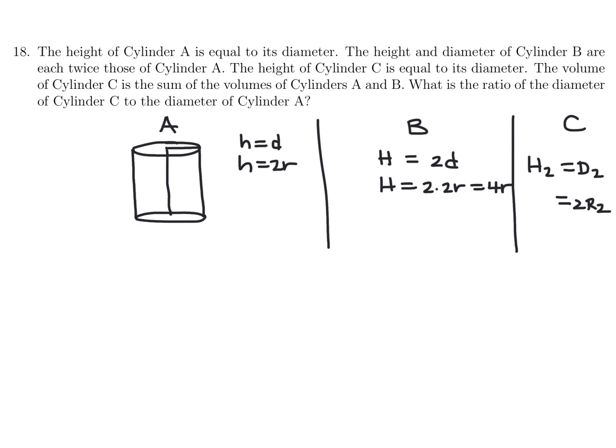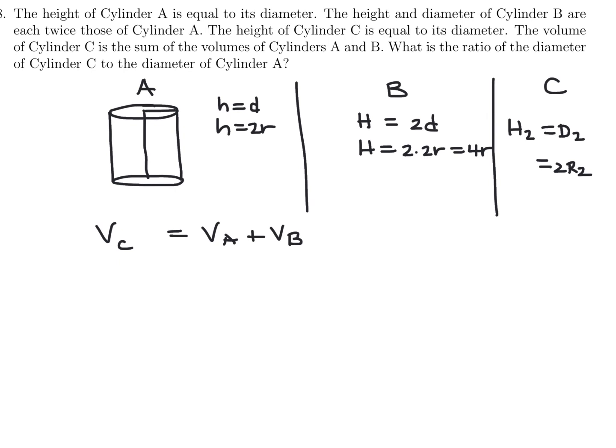Okay, so now we are told that the volume of cylinder C is equal to the volume of cylinder A plus the volume of cylinder B. All right? So the volume is pi r squared times height is the volume of a cylinder. So let's plug this all in.